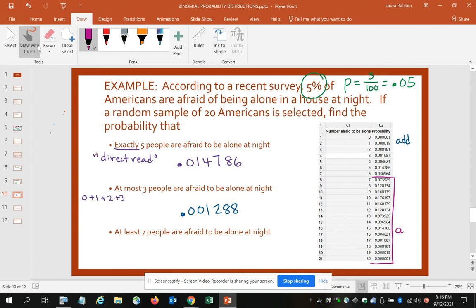So we would add these values together to get the answer for the last one, and I'm going to let you do that one on your own.